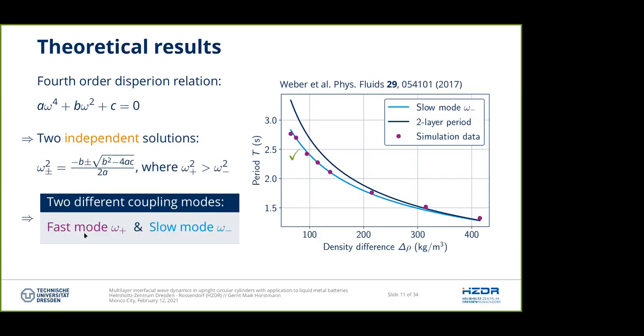So we have a fast mode, plus mode, and a slow mode, minus mode. And if I just apply the minus mode solution to the data from Dr. Norbert Weber, then you can see that now the theory can almost perfectly predict the numerical results.